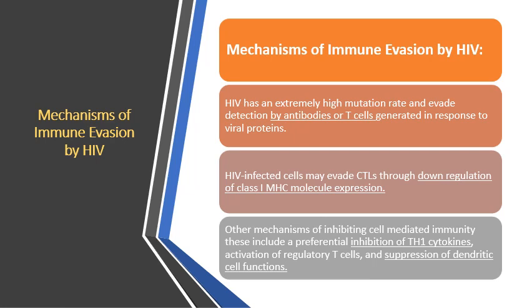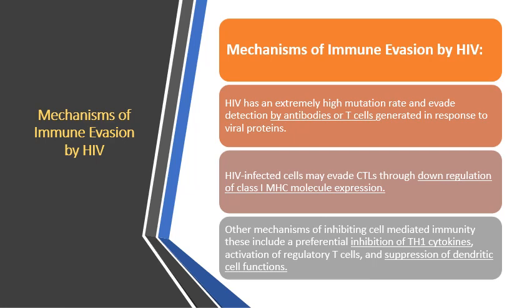HIV-infected cells may evade cytotoxic T lymphocytes through downregulation of class I molecule expression. Normally, cytotoxic T lymphocytes recognize the virally infected cell and then destroy it, killing these cells to get rid of the viral particles inside them.